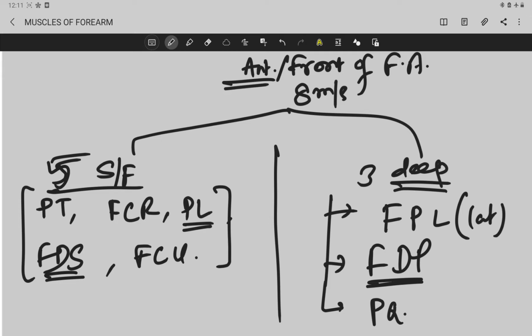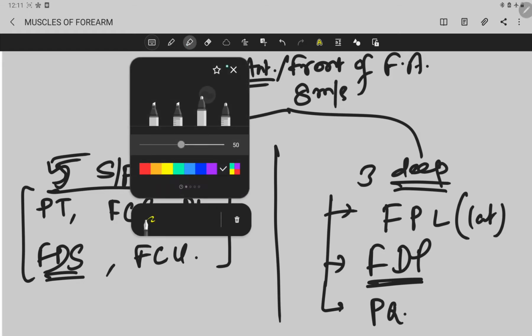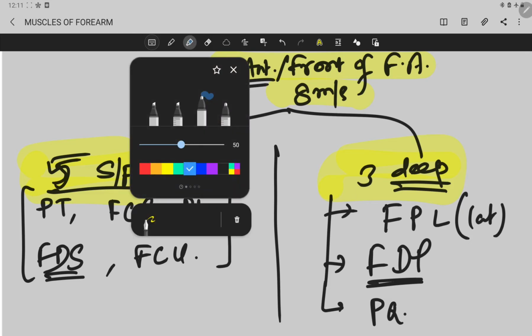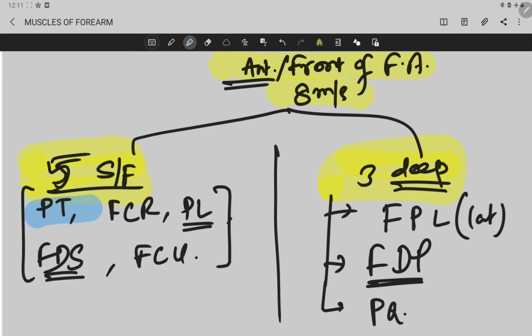So in the anterior compartment, or front of the forearm, you can see the eight muscles, five superficial and three deep. The five superficial muscles from lateral to medial: pronator teres, most lateral.